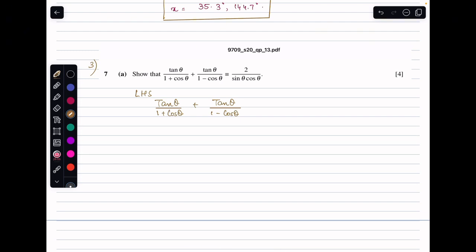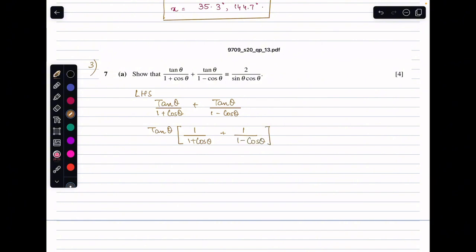So one thing that I'm going to do here is take the tan theta common, so that I will be left with 1 over 1 plus cos theta and 1 over 1 minus cos theta.